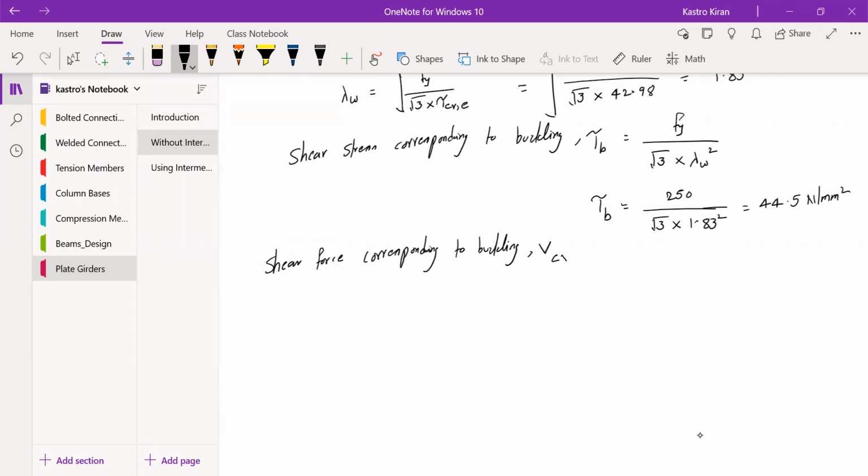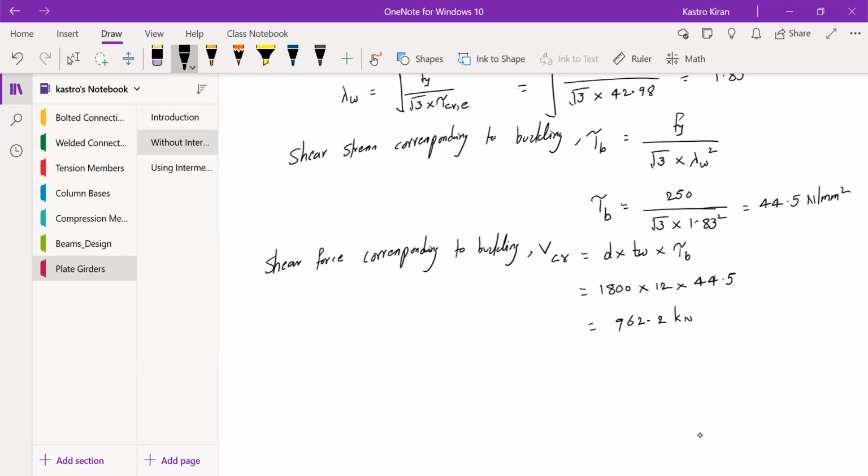You have a formula, VCR equals D into TW into tau B. The value of D is 1800, the thickness of the web is 12 mm, and tau B is 44.5. If you solve this, you will get the answer as 962.2 kilonewtons.